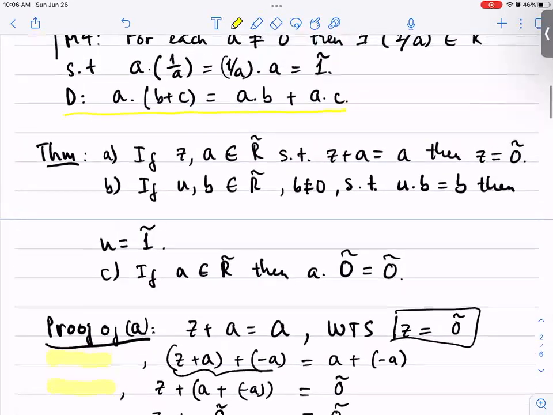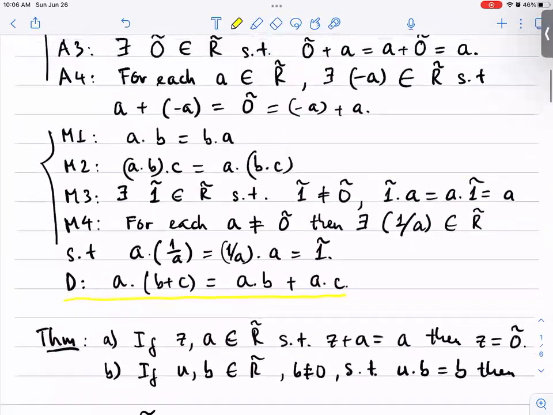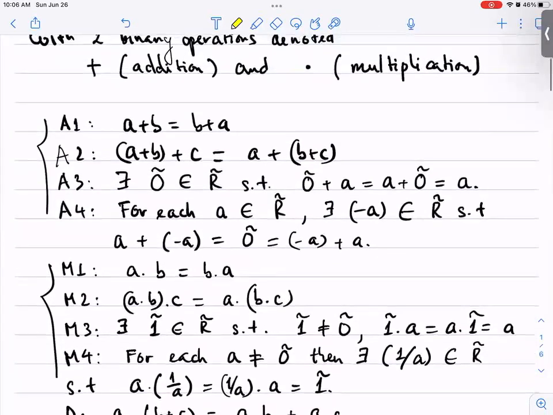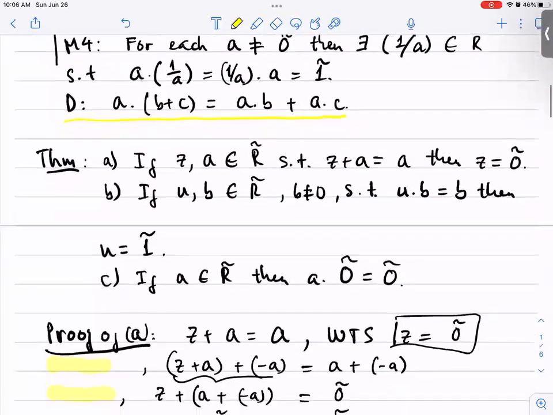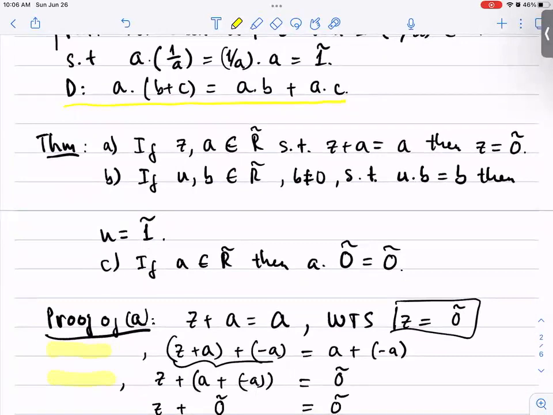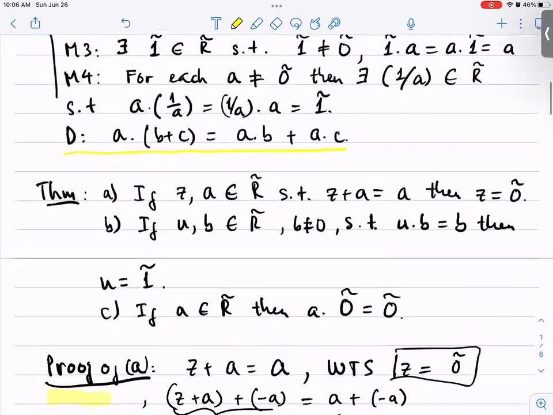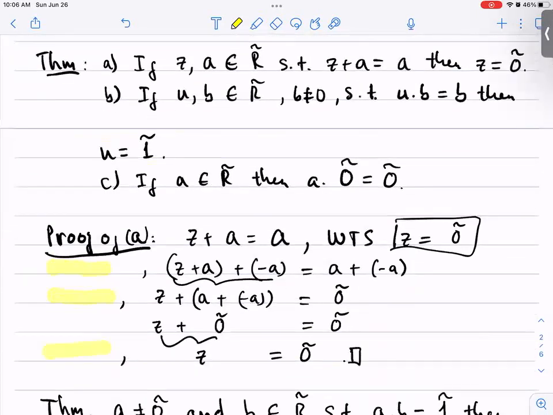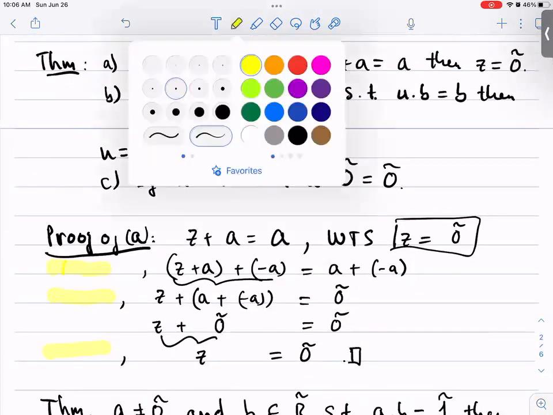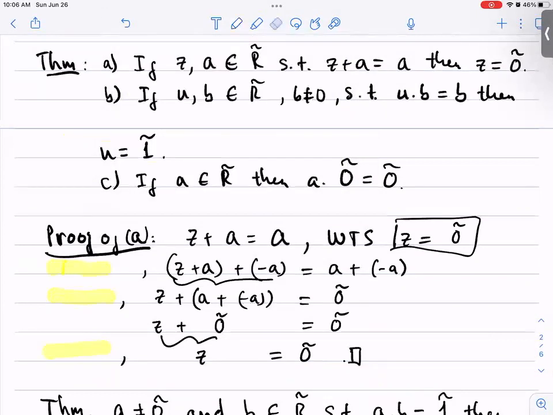The first step here, because of these algebraic properties, we know there is a special element called minus A. And we're going to add minus A to both sides of this equation.